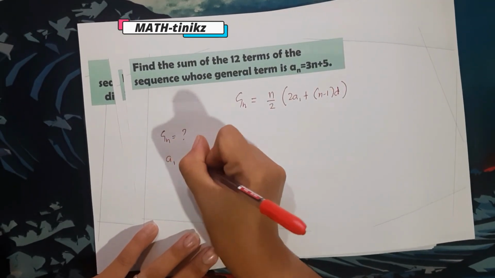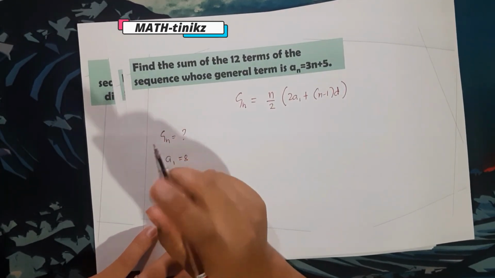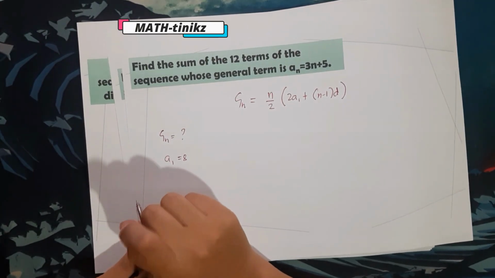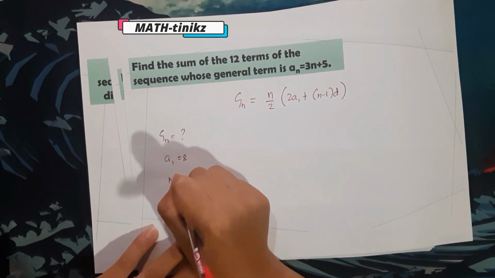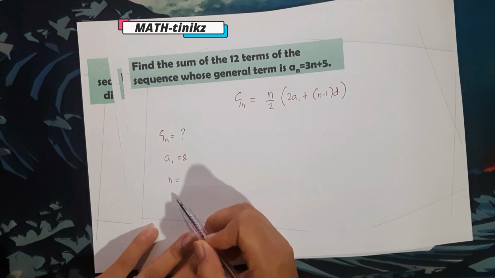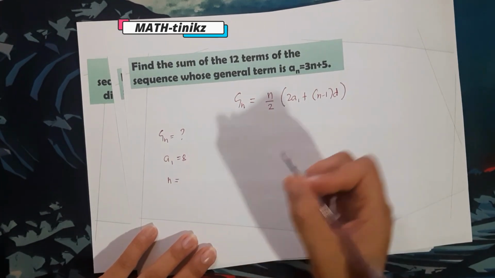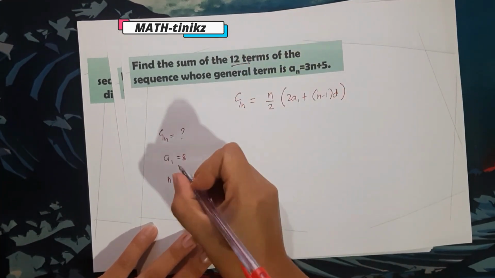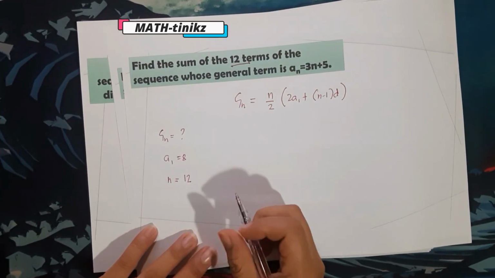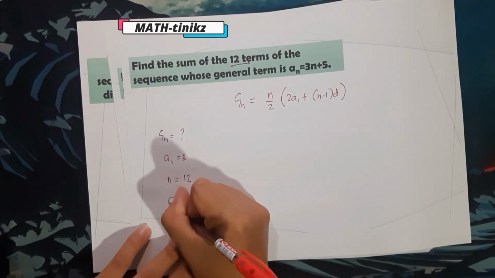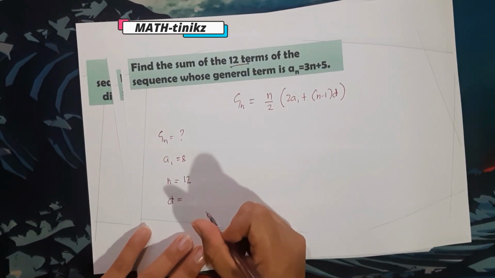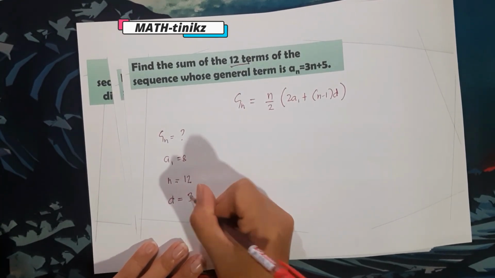Our a sub 1 is equal to 8, which we solved earlier. And our n is the number of terms. How many terms are we getting the sum of? There are 12 terms, so we put 12 here. Next is the common difference. The common difference we solved is 3.